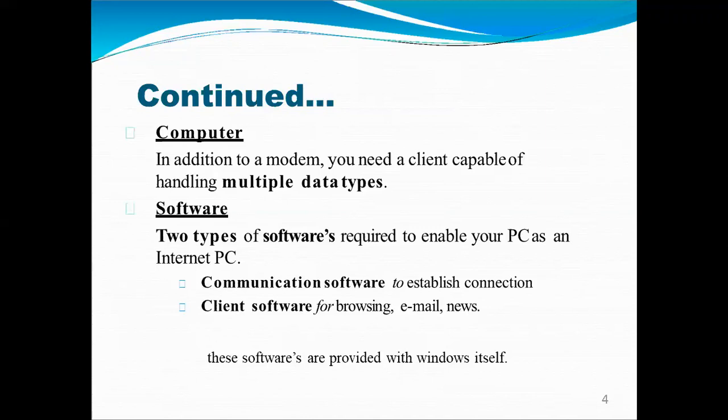So you need communication software and client software for browsing emails, news, etc. There may be Mozilla or Internet Explorer in your machines, and obviously the inbuilt communication software, which helps you connect your PC with the modem along with the cables and with the ISP to surf the internet.